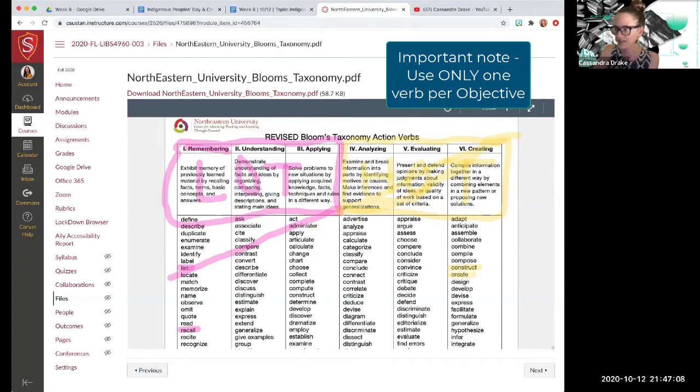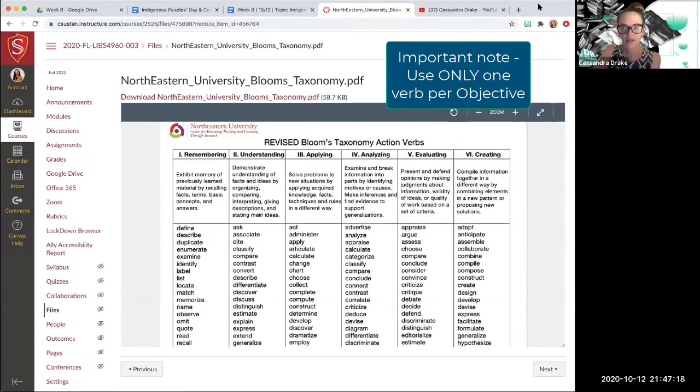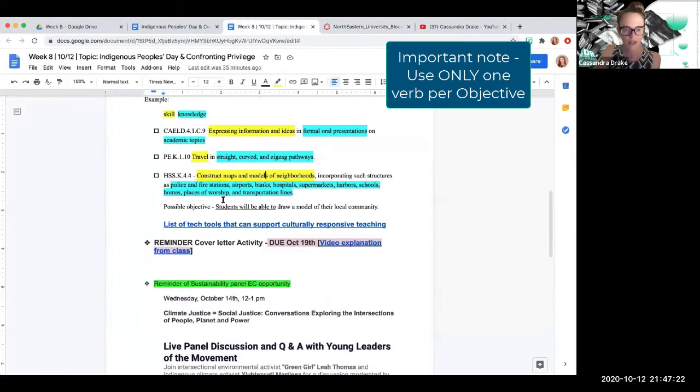Let me clear my drawings. And so again, if I go back, students will be able to draw a model of their local community.